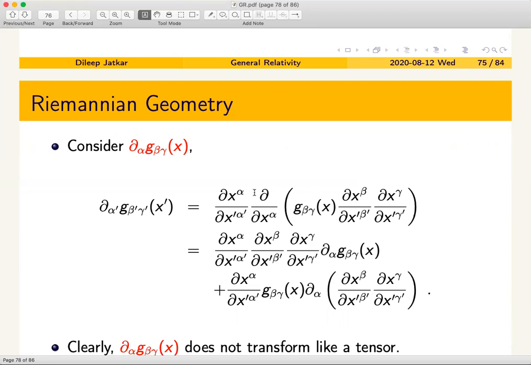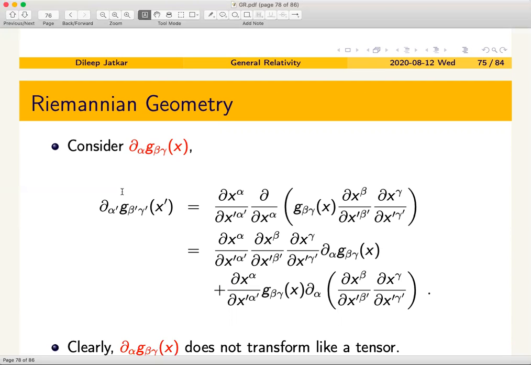So what we need to do is to take this partial derivative in, and act on all the quantities that we encounter here. Of which, of course, when del by del x alpha acts on g, that is pretty much like the left hand side, except instead of being in primed coordinates, we'll be in the unprimed coordinates.